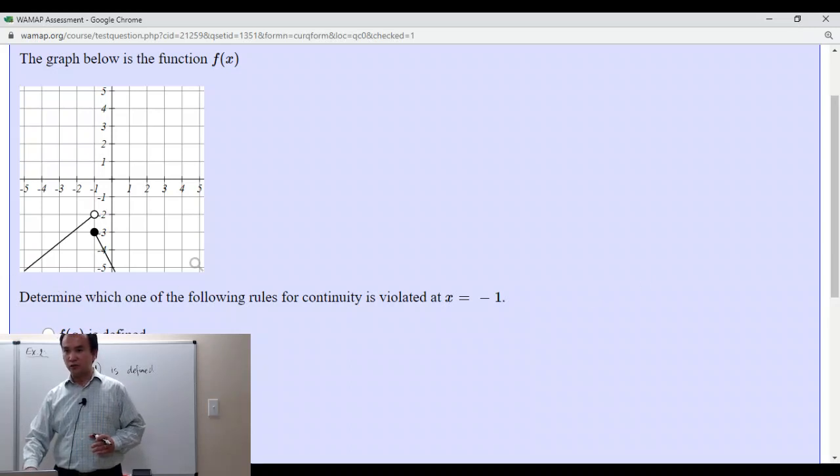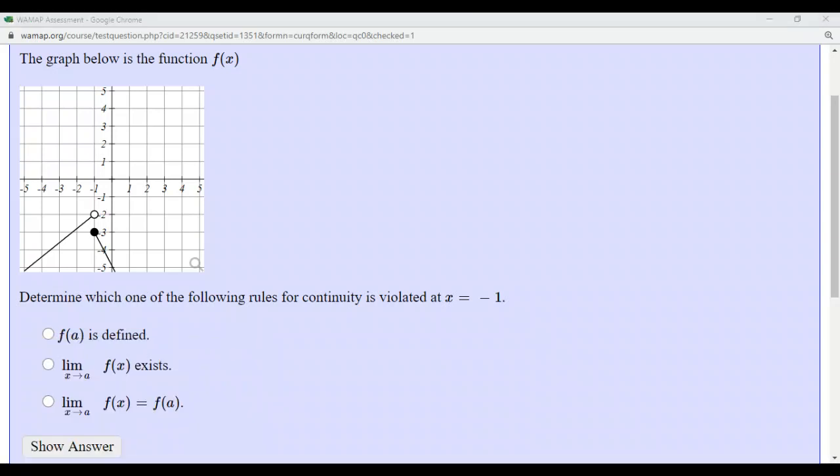So back in our understanding, let me put the graphs away. The first rule here, f of a is defined, is not violated. So we don't want to choose that. Remember, what we're looking for is which rule for continuity is violated at x equals -1.